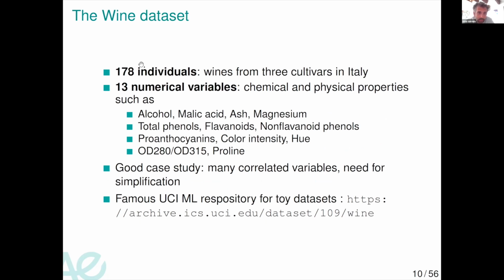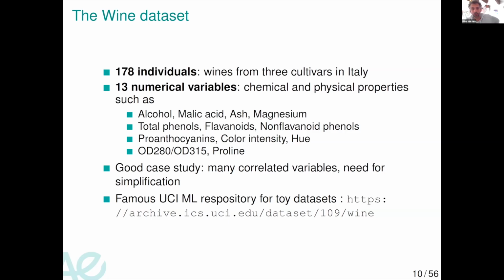In this data set, we have more than 100 individuals, and the individuals are the wines, which came from three different cultivars in Italy. We have 13 numerical variables, so that's not a lot, but that's just a toy data set to explain to you the basics of principal component analysis and also the methods that we will see after.